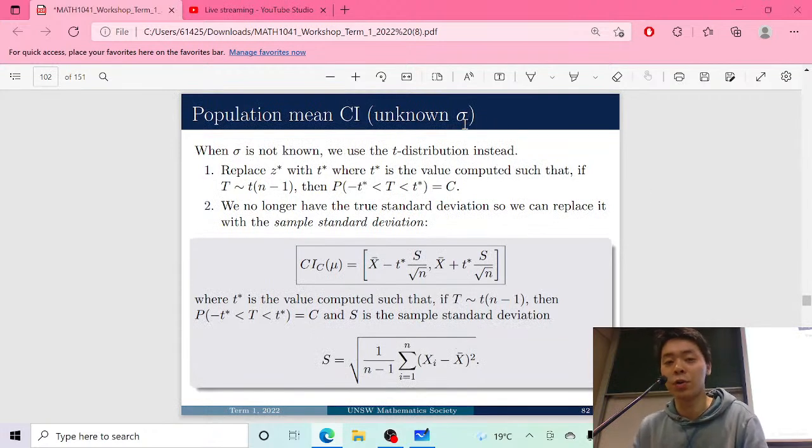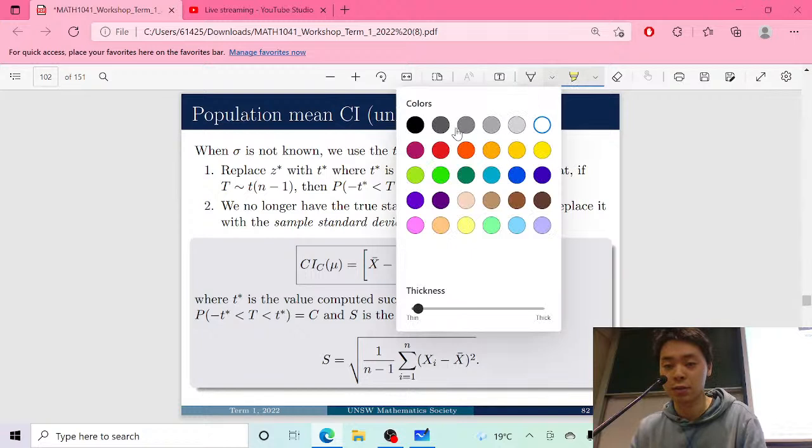If you don't know what your actual standard deviation is, instead you can approximate it using what we call a t-distribution. So instead of calculating the exact value using the normal distribution, we can just replace everything with a t-distribution instead. So have a look at this.